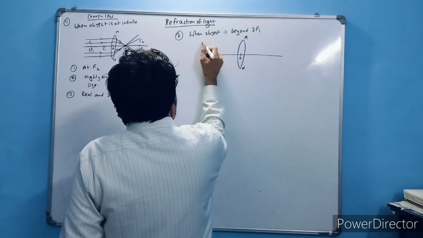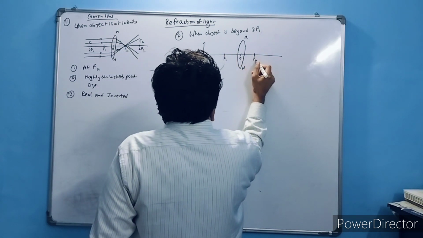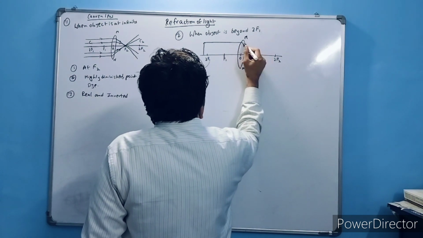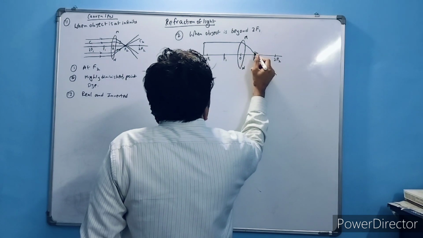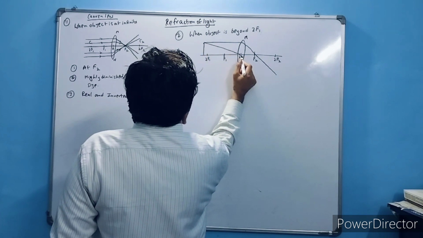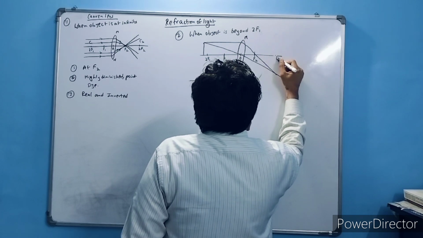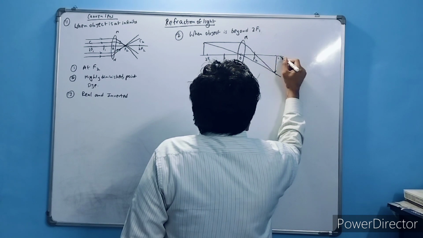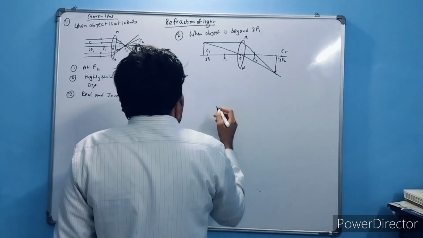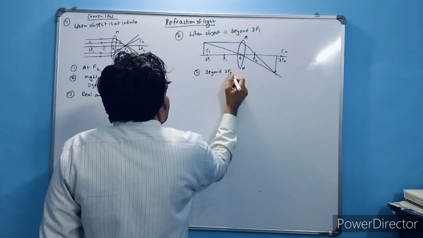So we can say here it will form beyond twice F2.